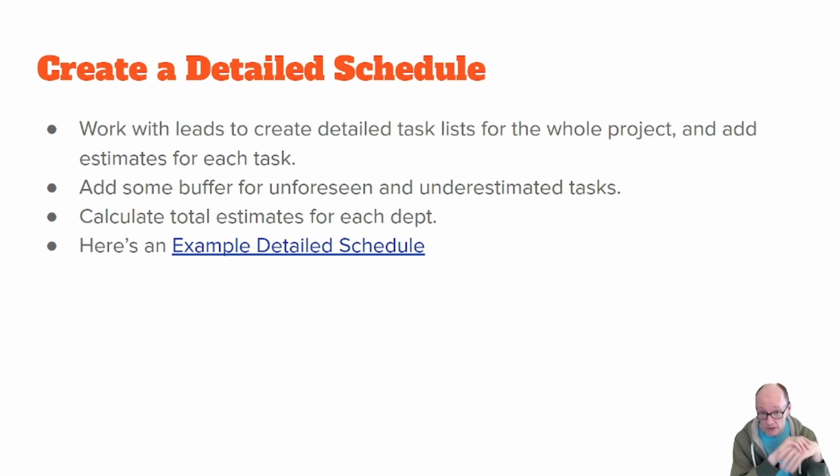So work with leads to create a detailed task list for the whole project and add estimates for each task. Add some buffer for unforeseen and underestimated tasks. Calculate total estimates for each department, and here's an example which I'll show you in a second.